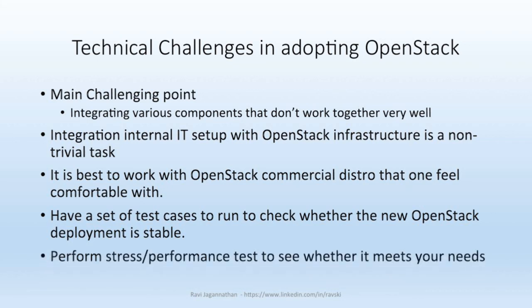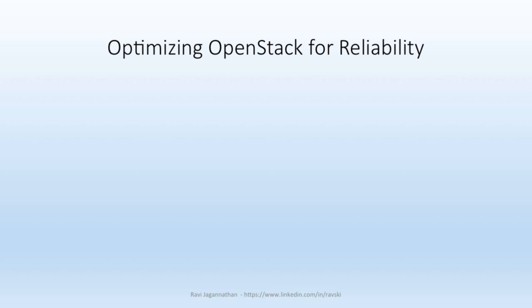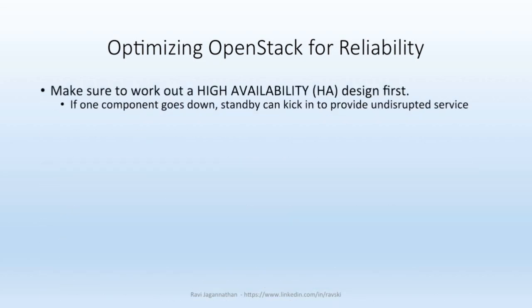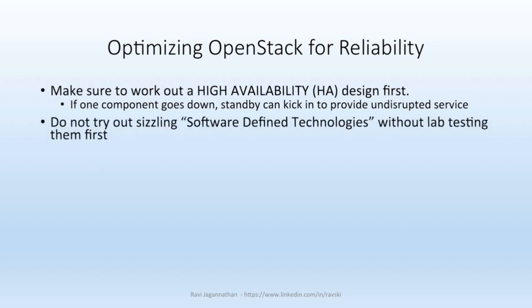So these are all very important things. They also need to do stress and performance tests on top of it to ensure the throughput of the OpenStack infrastructure is what they expect. This is also for reliability. High availability is something you may want to take into account. If one component goes down, the other takes over.